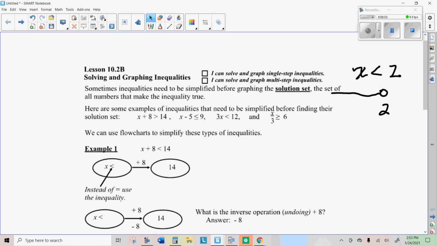Okay, so the arrow would be going this way. If it was less than or equal to 2, it would be the same as the last one, except you would fill in this. Okay, and then greater than 2 would be numbers bigger than 2, so they would start at 2 and go that way.